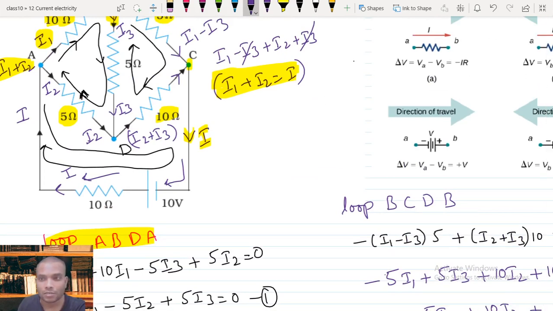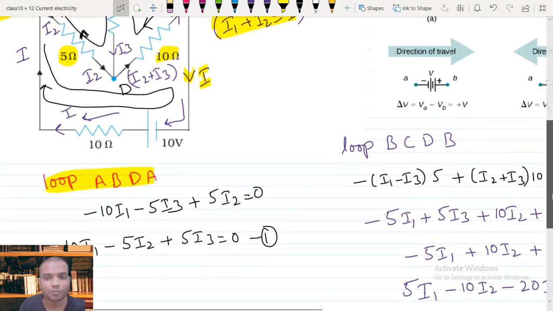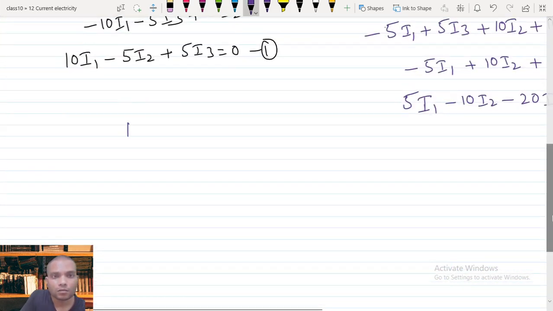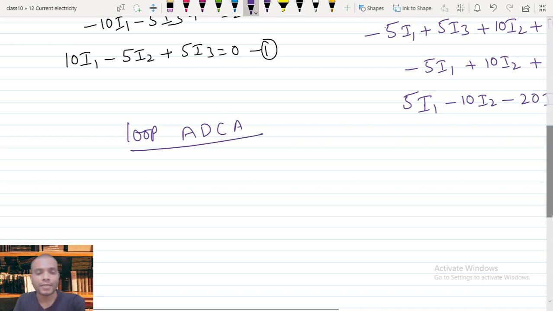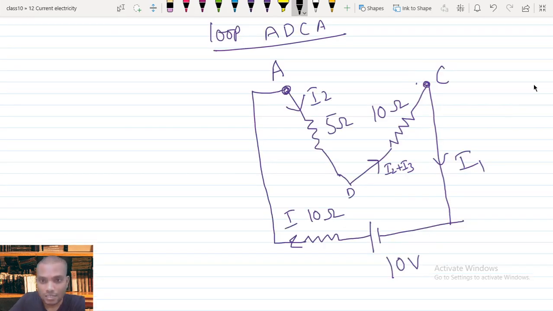So now I need to consider the bottom loop, loop A, D, C, A. Loop A, D, C, A. So let me take a minute and I will draw that loop only so we can understand far better. Now this is the diagram of that particular branch A, D, C, A.